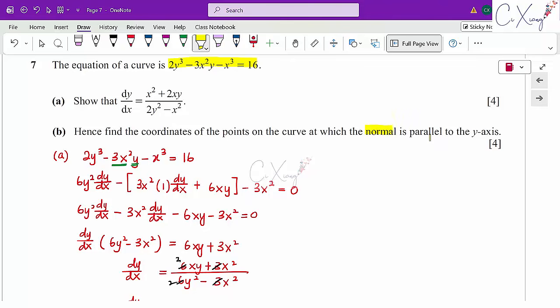So what is the meaning of normal parallel to the y-axis? If we have a normal that's parallel to the y-axis, it means that your equation of normal is a vertical line, and the gradient for normal is basically infinity.